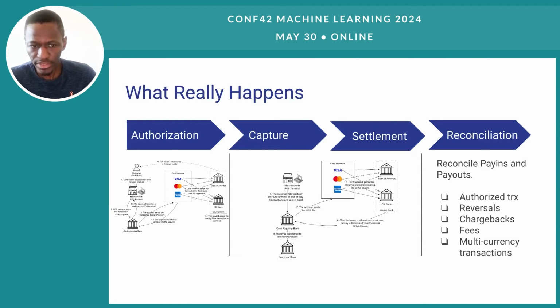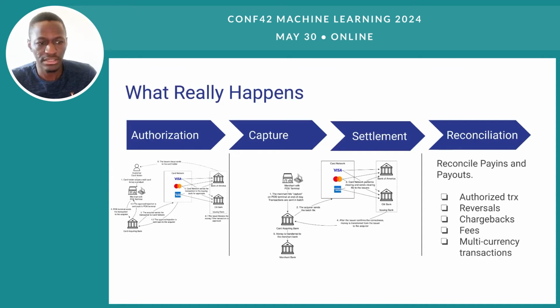So that's how capture is then done, and still there's no money movement in capture. That just confirms that the merchant has stated their intent to capture this money, to collect this money. There comes settlement, which is the step 4 of the diagram, right?